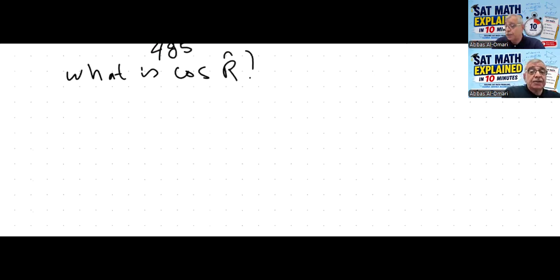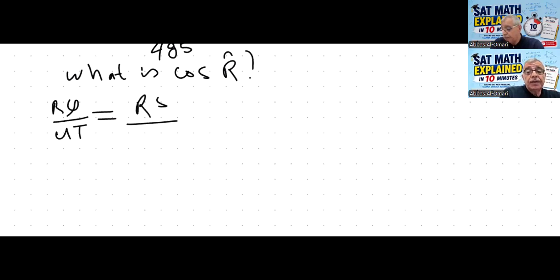Similarity implies that RQ divided by UT equals the length RS divided by UV equals QS divided by TV.